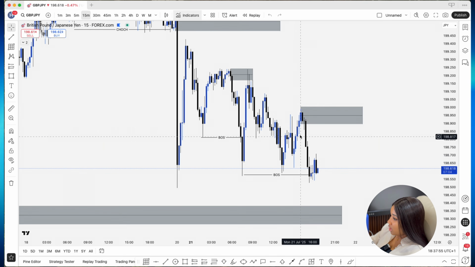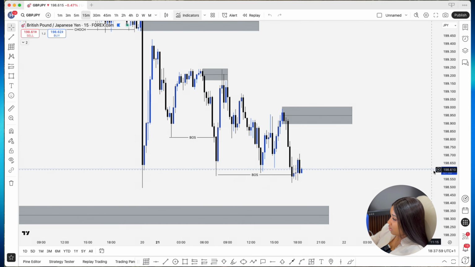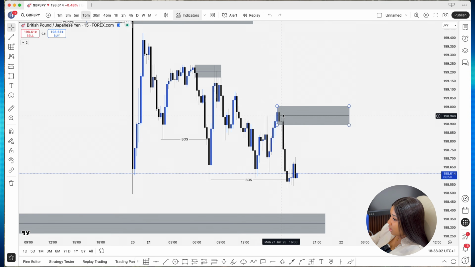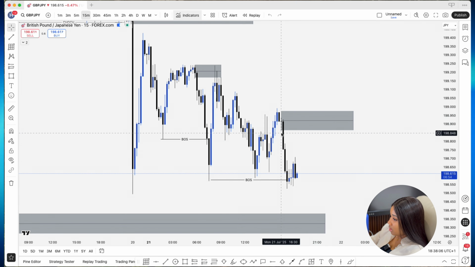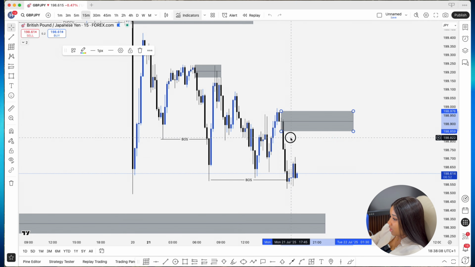So now, if we want to sell GG from 15 minutes time frame, this will be the right point to wait for. You can see this is where the other block started from, so the entry will be there.